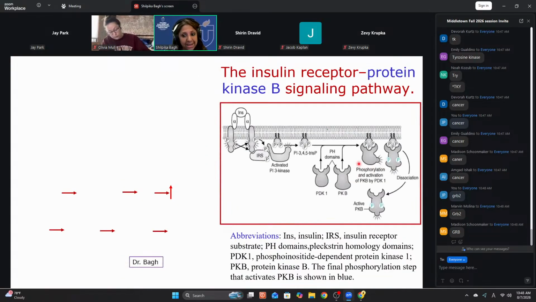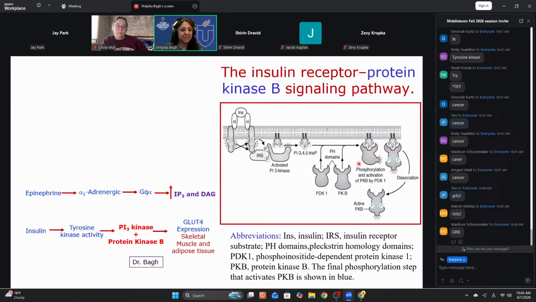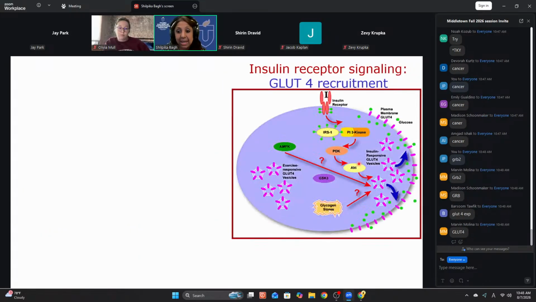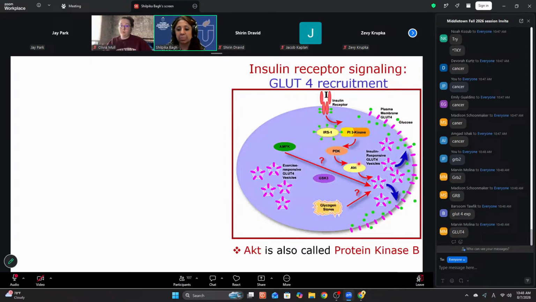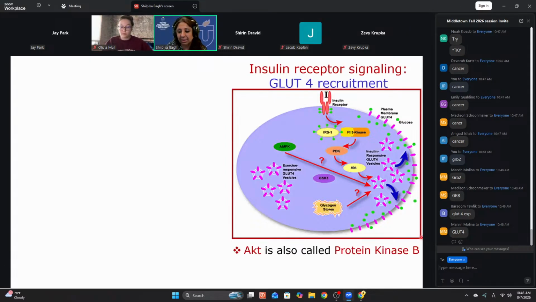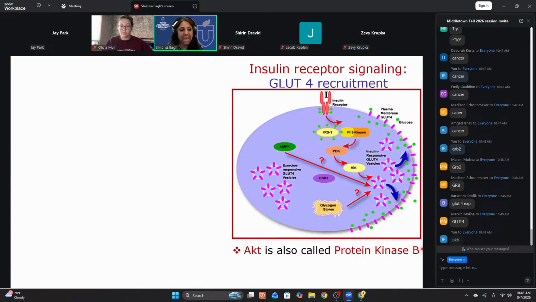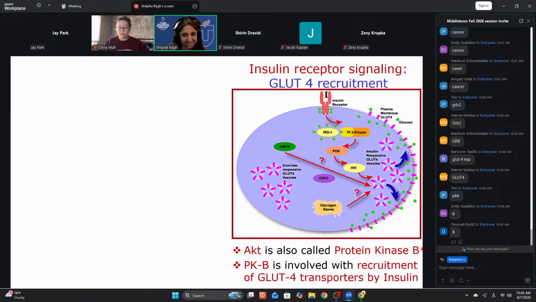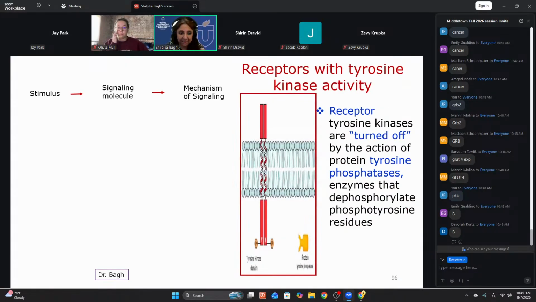If insulin is docking PI3 kinase, what is the outcome? GLUT4 expression. What protein kinase adds on for GLUT4 expression? Is it A, B, C, or G? B, very specific. Do GLUT4, then do GLUT4 with your carbohydrate digestion too.